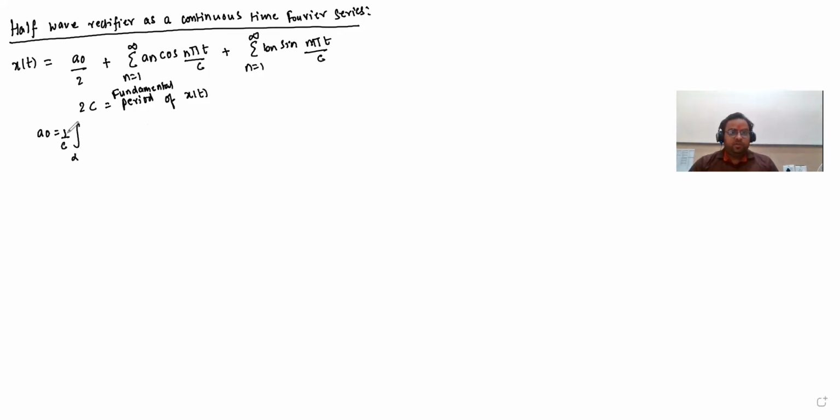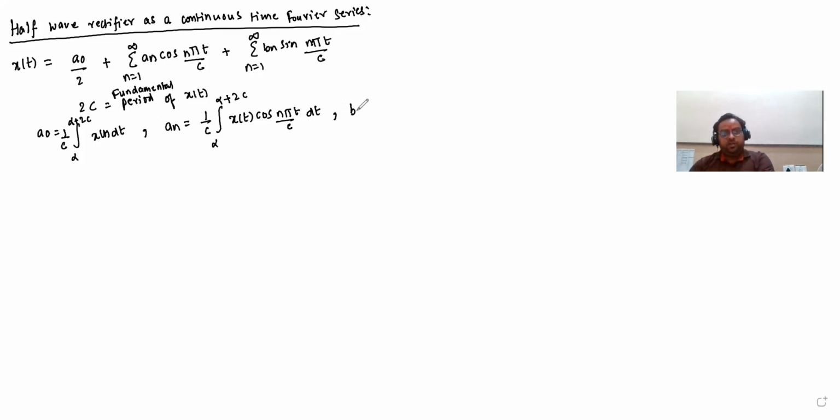The coefficients a naught, a n, and b n are given as follows. a naught is 1 by c times the integral from alpha to alpha plus 2c of x of t dt. a n is 1 by c times the integral from alpha to alpha plus 2c of x of t cos n pi t by c dt.